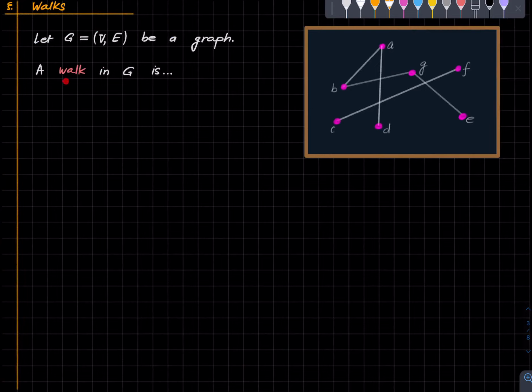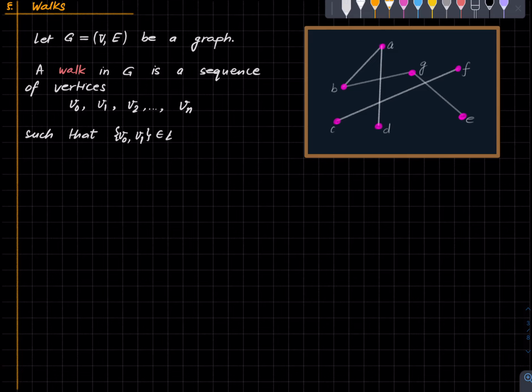So we will talk about what is a walk in a graph. So fix a graph G. Then a walk in G is a sequence of vertices V0, V1, V2, up to Vn, such that adjacent vertices in the sequence are connected by an edge.